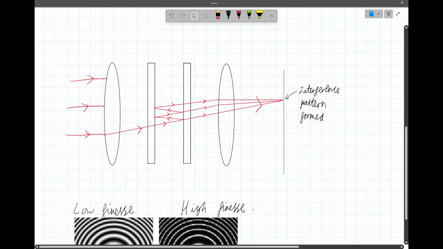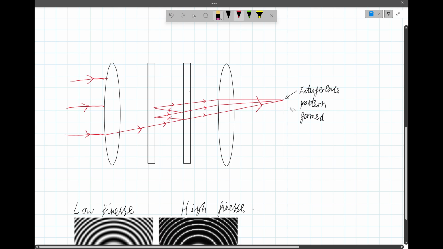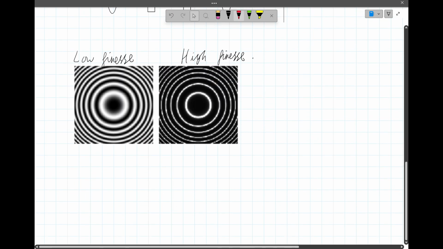But if the wavelength of the light changes due to gravitational waves stretching them, then they would not have a very high resonance here, right? And that means they would have a low finesse. So the interference pattern would look something like that, right?